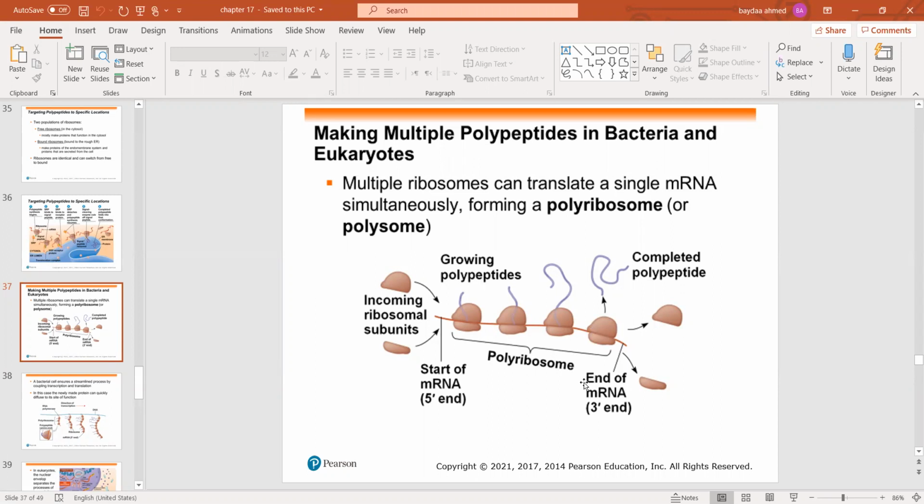Another way both bacteria and eukaryotes increase the number of copies of a polypeptide is by transcribing multiple mRNAs from the same gene. However, the coordination of the two processes, transcription and translation, differs in the two groups.